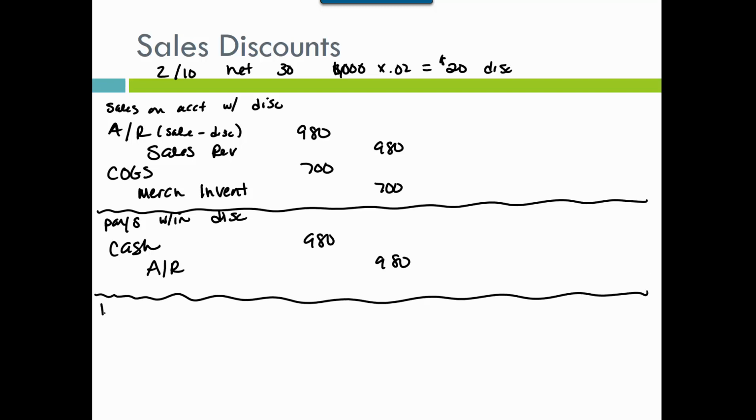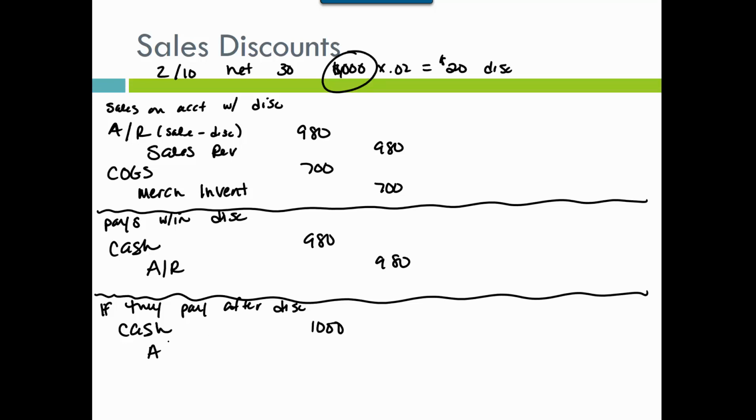If, however, they pay after the discount period, so they don't get the discount, then what I have to do is I'm still going to credit cash. Now this time they didn't take the discount, so they owe me the whole $1,000. So here's the $1,000.